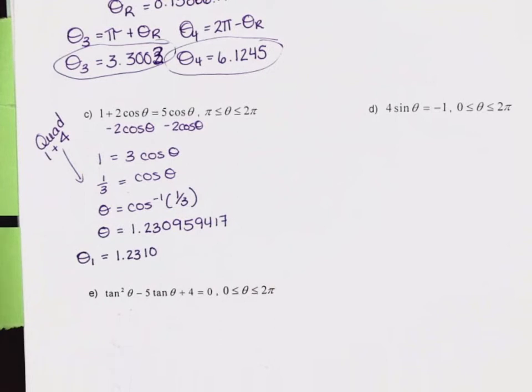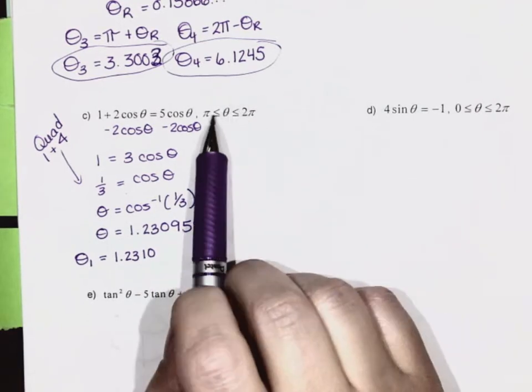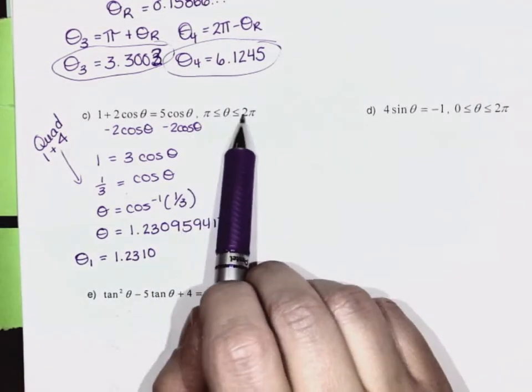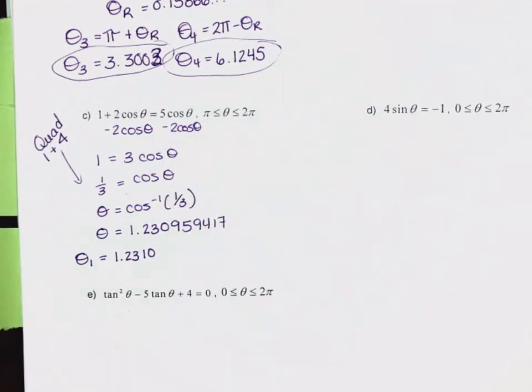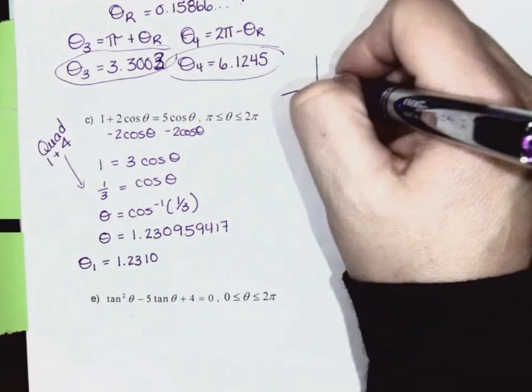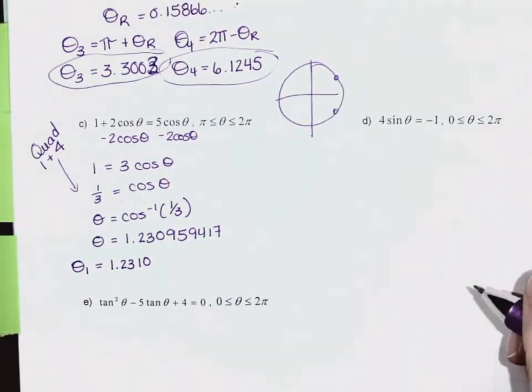And what's my answer in quadrant 4? Okay, but let's look at this for a second. I just got excited. I saw the 2 pi. Let's look at that restriction. So we have an answer in quadrant 1 and we have an answer in quadrant 4.